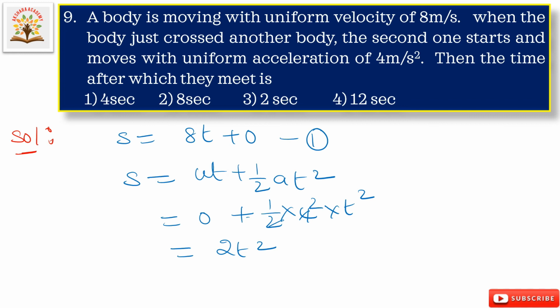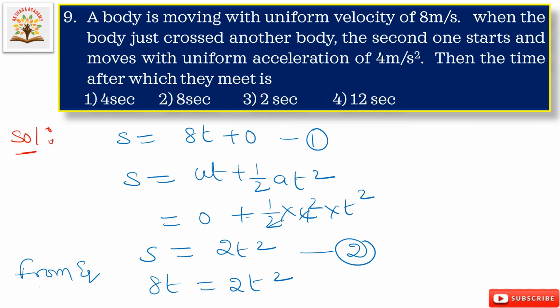Consider this as equation number 2. S is equal to 2t square. Now from equations 1 and 2, 8t is equal to 2t square.